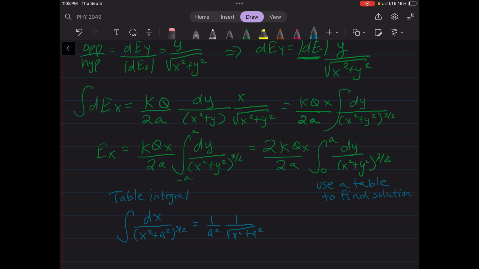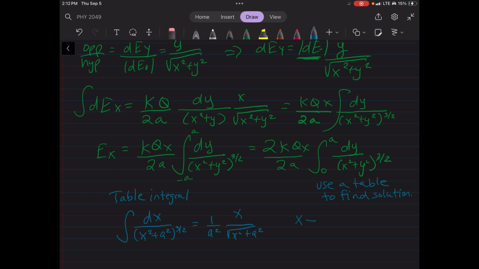Let me just double check that real quick. Okay, so the integral is actually x over the square root of x squared plus a squared. So that's the table integral, and it's in different variables.